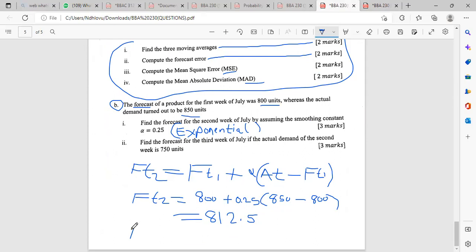If you want to find the forecast for week 3, as we are wrapping up, it will be based on the forecast for week 2, which is FT2, plus the alpha level times the observed value minus FT2. So this is how we get the forecasting techniques based on part B of question 5, please.